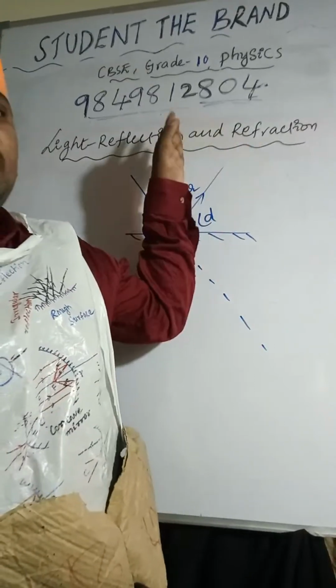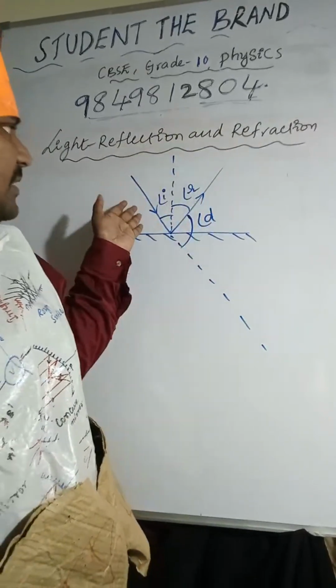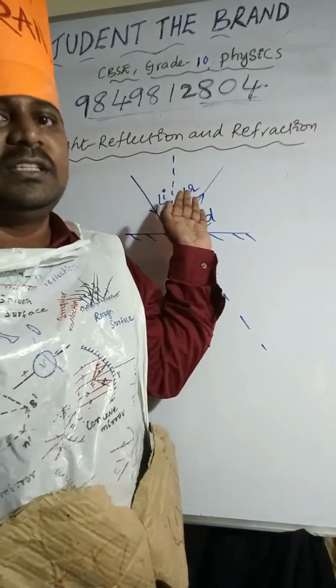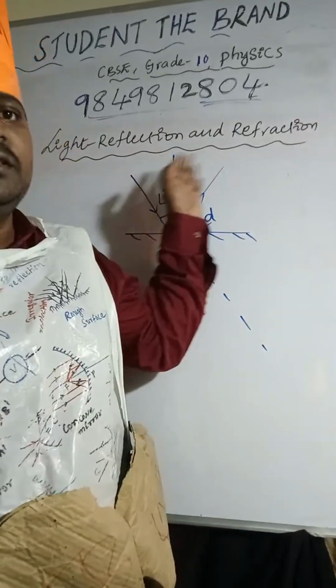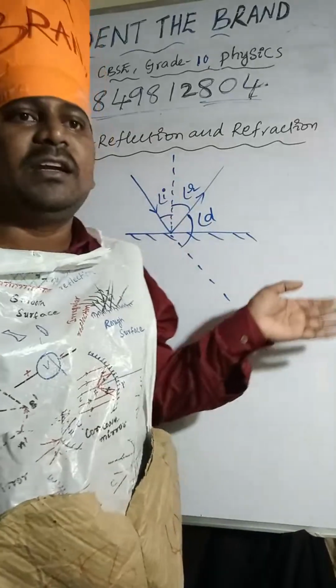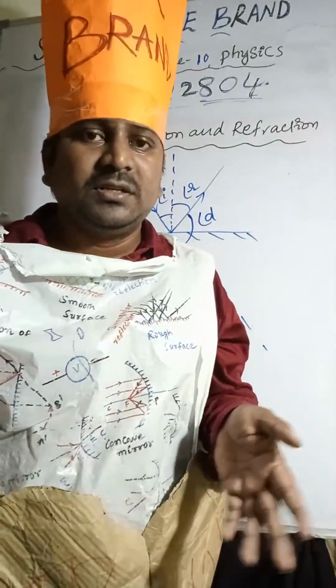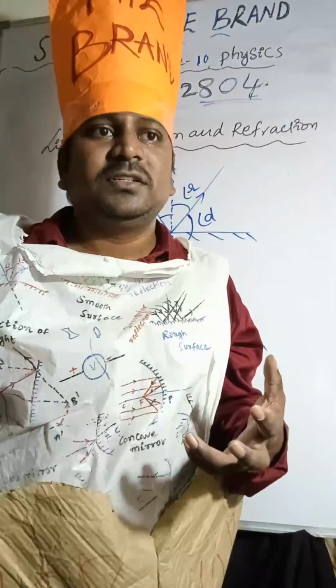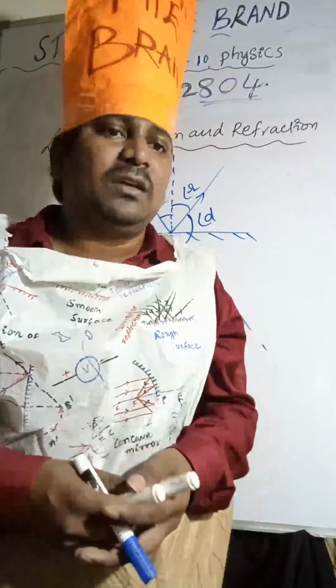The angle between the incident ray and the normal line is called the angle of incidence. The angle between the reflected ray and the normal line is called the angle of reflection. And the angle between the reflected ray and the undeviated line is called the angle of deviation. So this is about reflection of light.